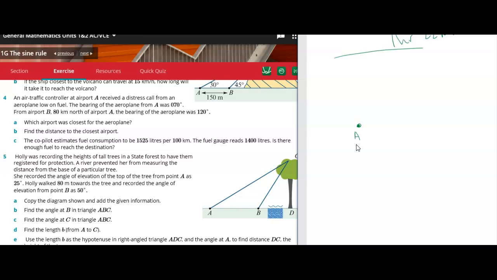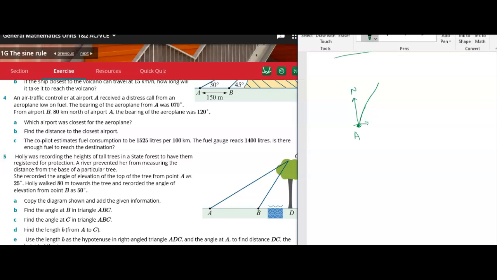And receives a distress call from an aeroplane low on fuel. The bearing of the aeroplane from A is 70, so always go up north. And because east is at 90 degrees, 70 degrees is going to be in this, oh gosh, probably not that steep.